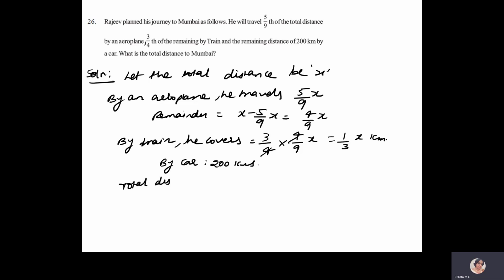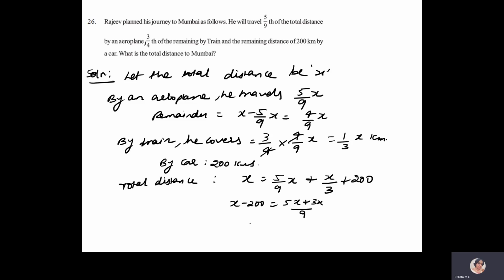Therefore total distance is, that is x is equal to 5/9x, that is by aeroplane, plus x/3, that is by train, plus 200 by car. So getting x minus 200 is equal to 5x plus 3x by 9.